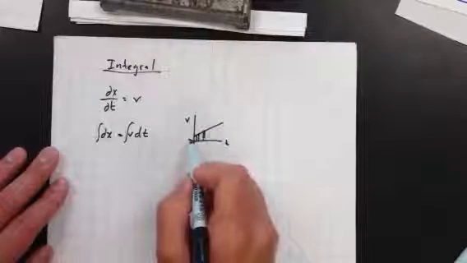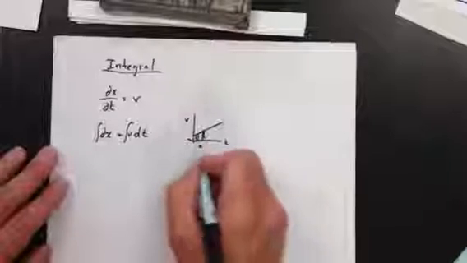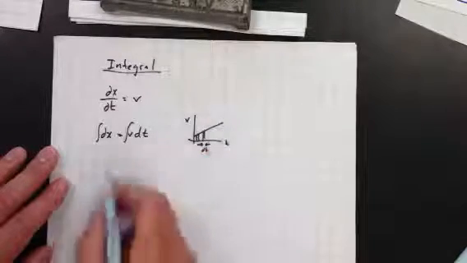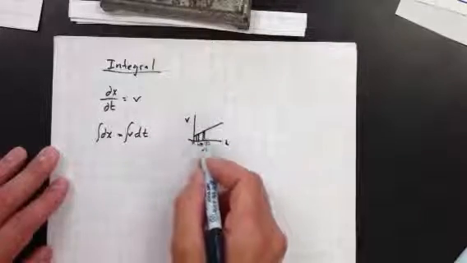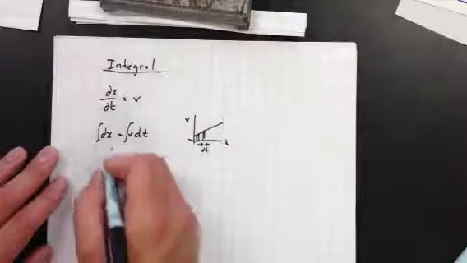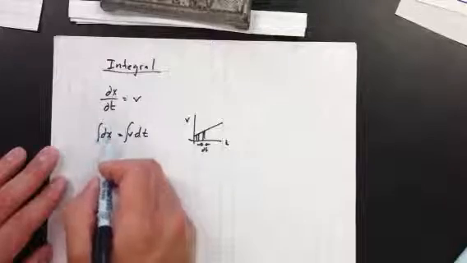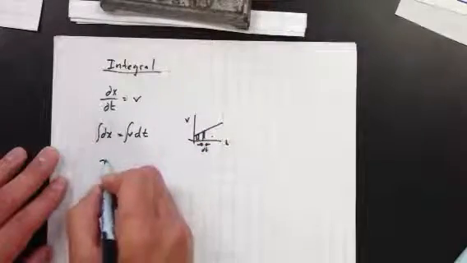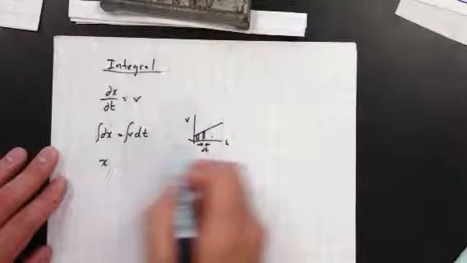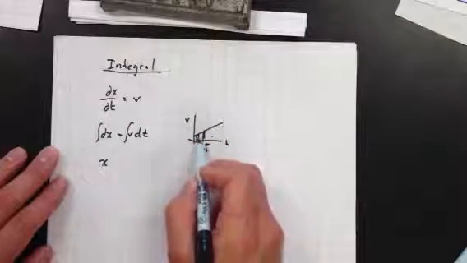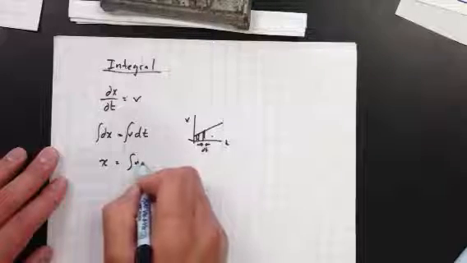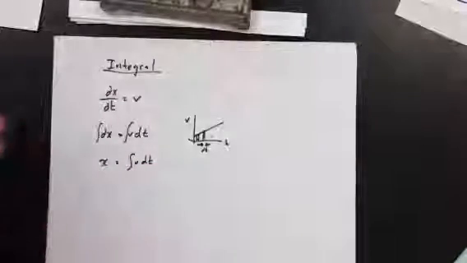If we add up all those v times dt's, where dt is a very small change in time, we end up adding up all the areas, giving us the position. So this is saying sum up all the small areas to get the total area, sum up all the small v's times the dt's, and that would equal your total position.